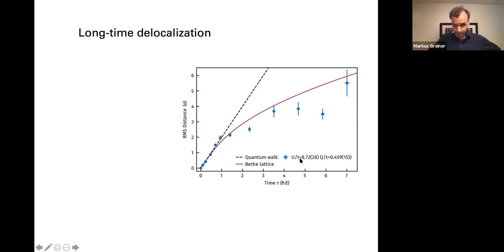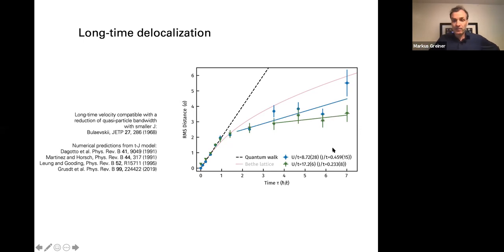In order to study that, we repeated the same experiment at two different values of the ratio of the tunneling and the interaction energy, U over t, which affects the J, right? So in these two data sets, J varies by about a factor of 2.